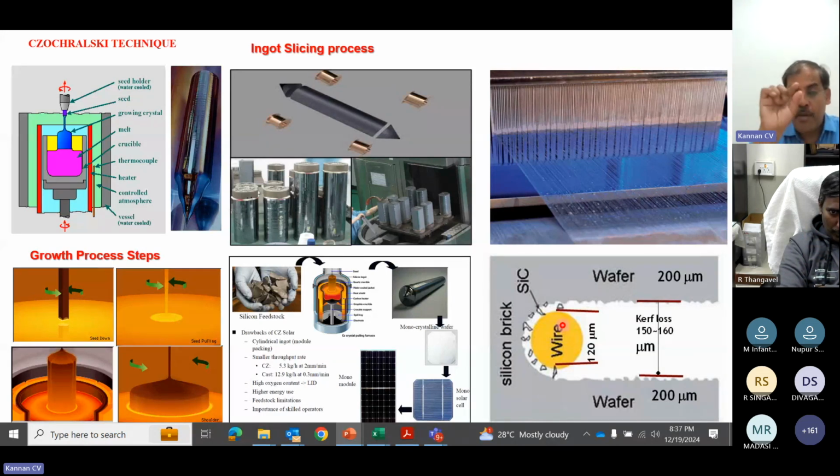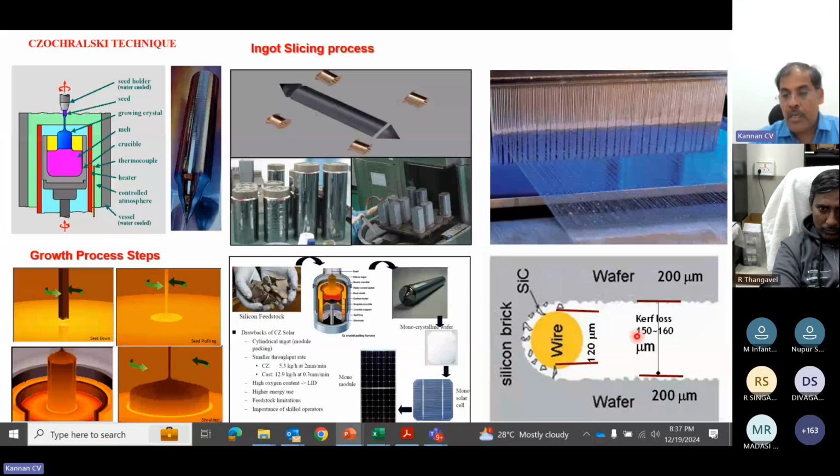Suppose the wire diameter is 150 micron. This wire area, from here to here, is silicon going as waste. So to make one 200 micron wafer, you are wasting 150 micron equivalent of silicon as kerf loss.